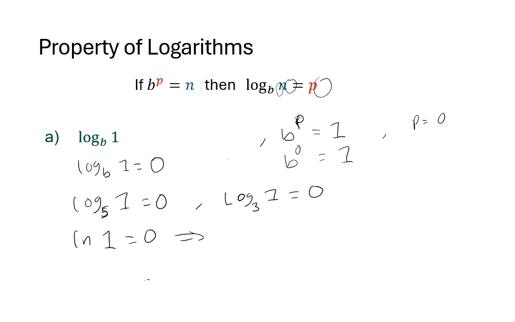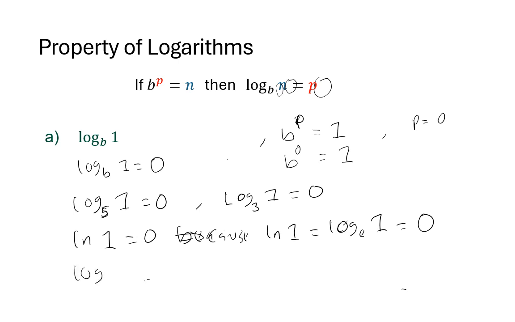Remember, this is because ln of 1 is just equal to log base e of 1, because ln is the same as log with base e. And this is equal to 0 because whatever we have here is going to be 0.